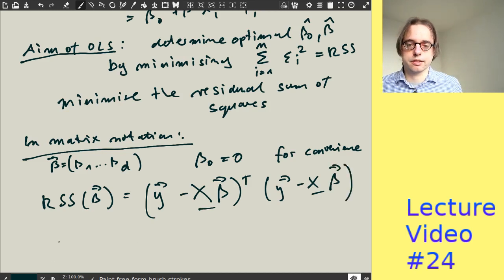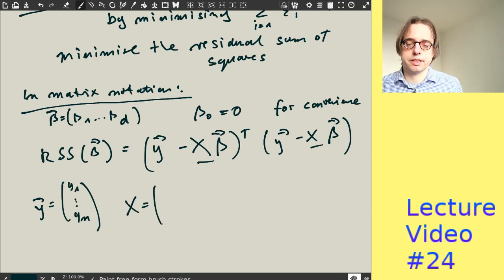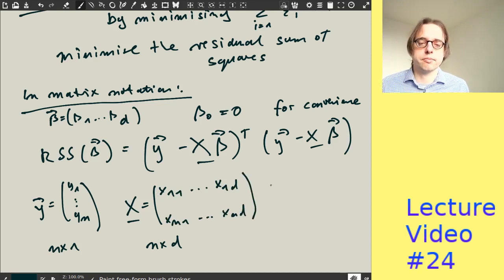Just for a reminder, y here is y1 to yn. y is n times 1, x is a matrix n times d, where we have x11 going to x1d, and here we have xn1, and this goes to xnd, where in the rows we have the samples.